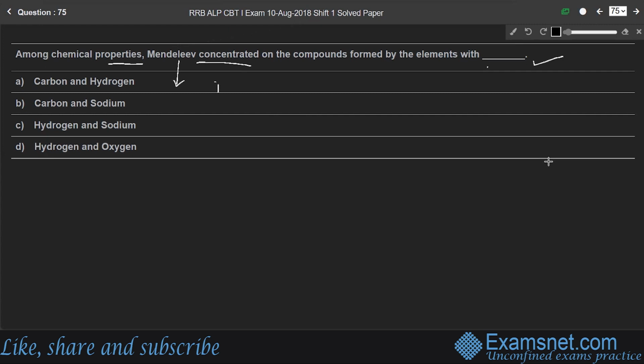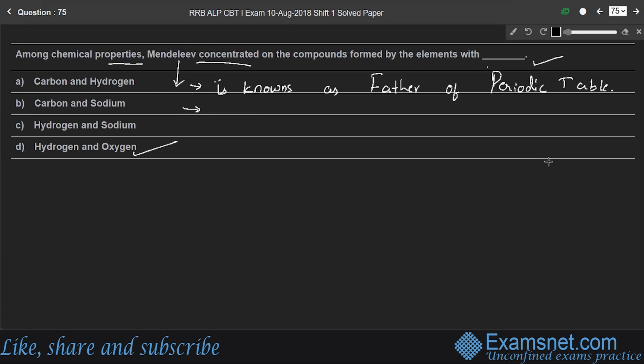Periodic laws were put forward by Mendeleev. So in this question, he concentrated on the compounds formed by the elements with hydrogen and oxygen, so option D.